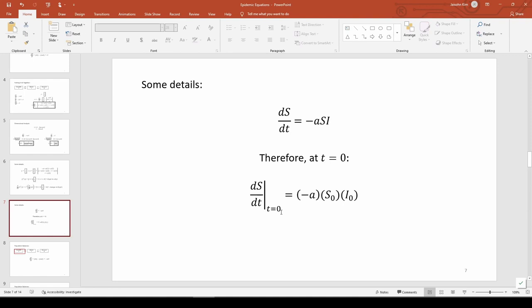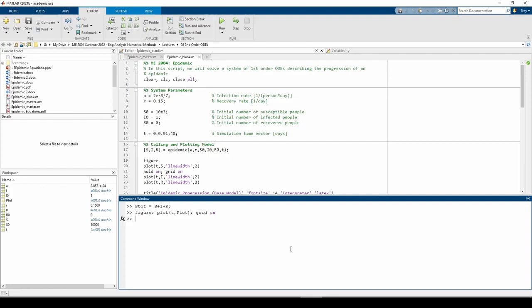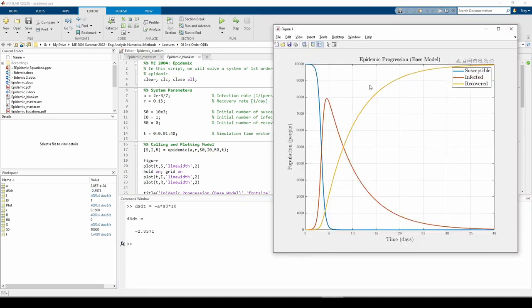Let's go back to MATLAB to find out what these values are. Let's see what ds/dt is at t equals 0. If we pull up figure 1, the initial slope of the S-curve looks kind of flat, but if we zoom in a lot, we can actually see some sort of gradient.